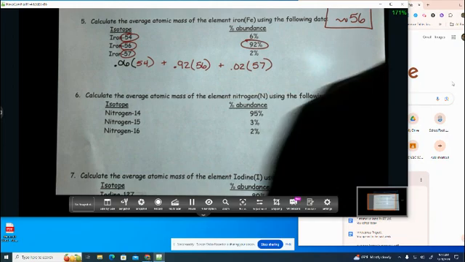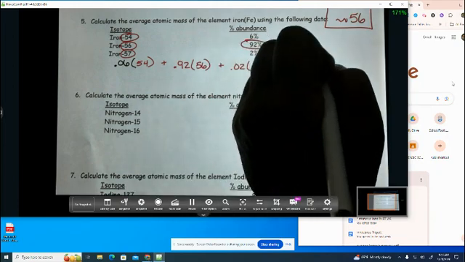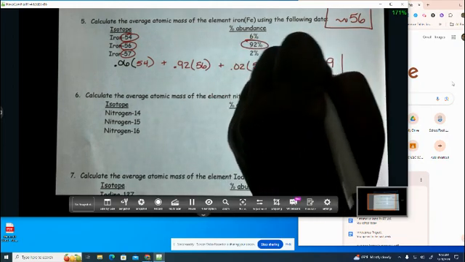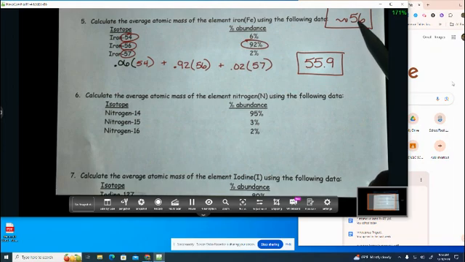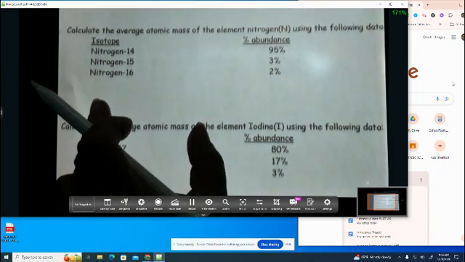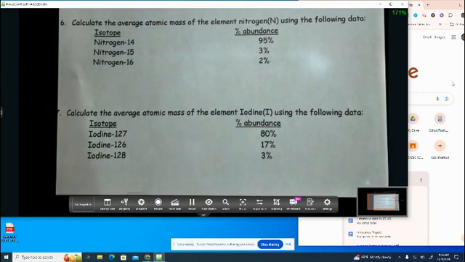Is that right? Guys, you have to get used to checking my math. I make mistakes. So the average mass is going to be 55.9. Is it about 56, which is what we thought it was going to be? That's a good way to check that I did it right. All right, let's just write these out so we have them.